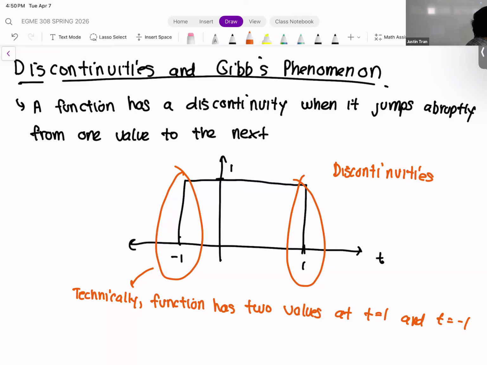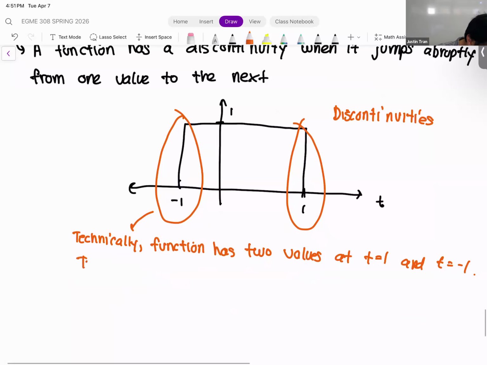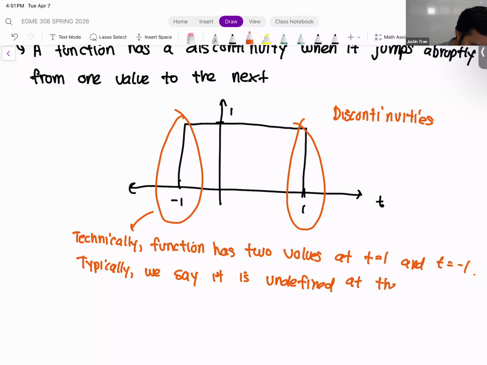So instead of having two values, technically we say that the function is undefined at that location. And that can cause some issues as you can imagine.